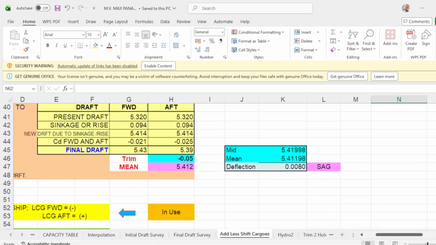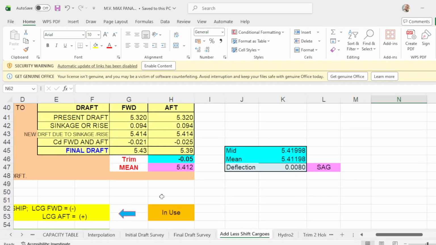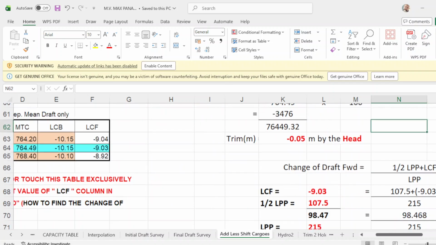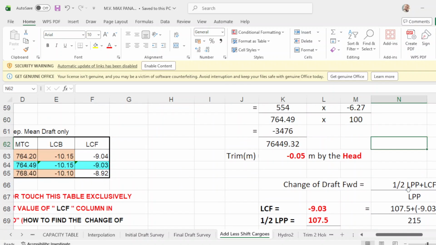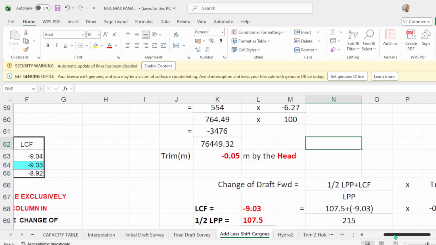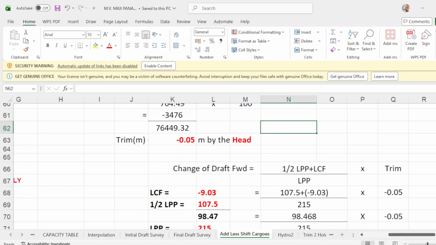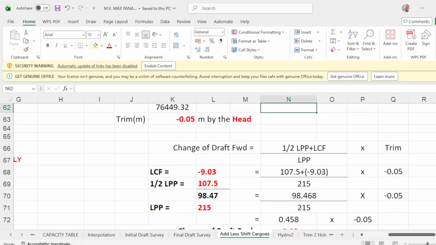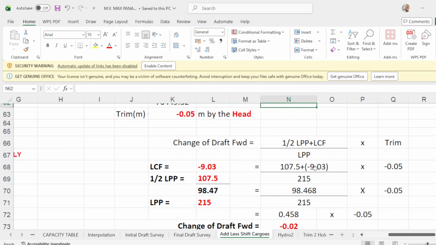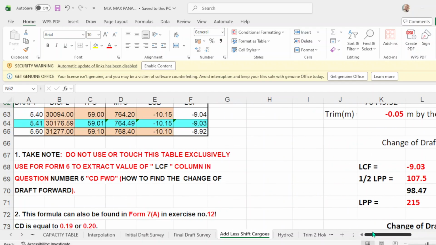Okay, that's why here, the same here, and your main is 4.12. Okay, then you compute for your change of drop. This is your change of drop forward is one half LPP plus LCF over LPP times trim. Your LCF is negative 0.13, negative 0.13.